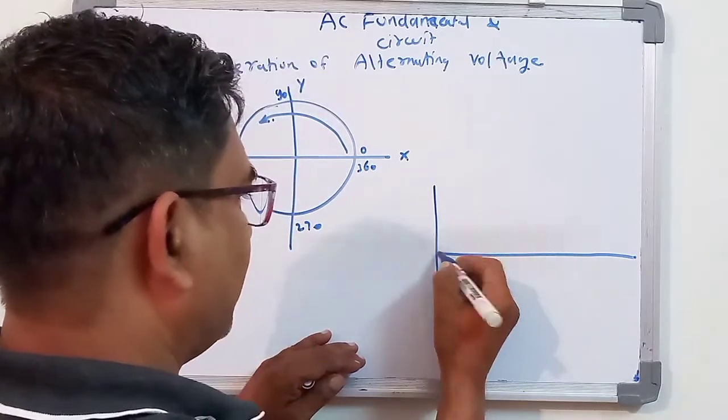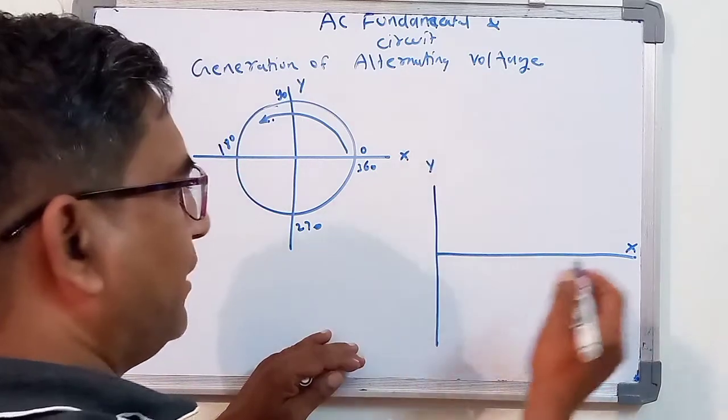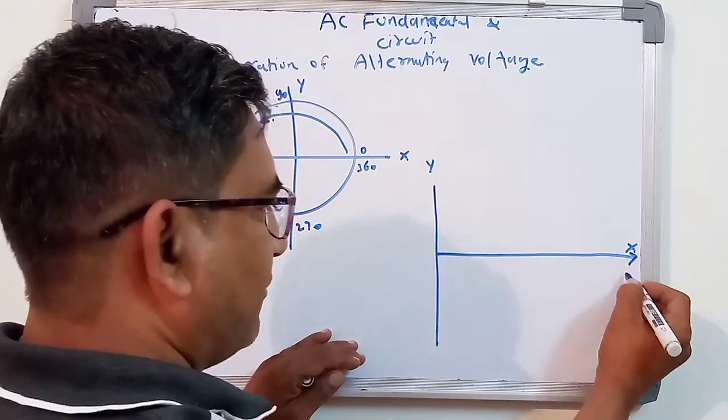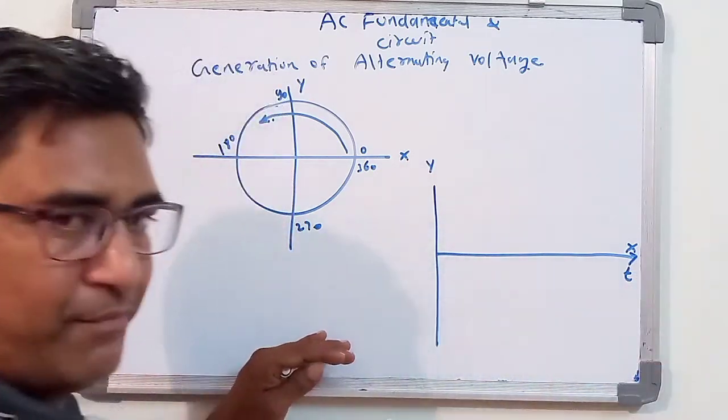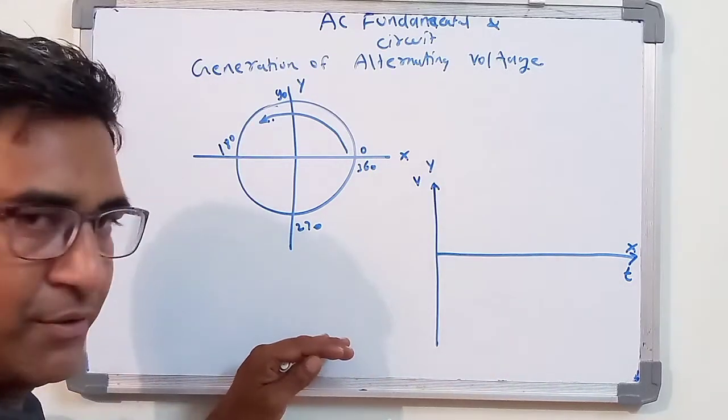Suppose this is the x-axis and this is the y-axis. On the x-axis we measure time, and on the y-axis we measure the voltage.